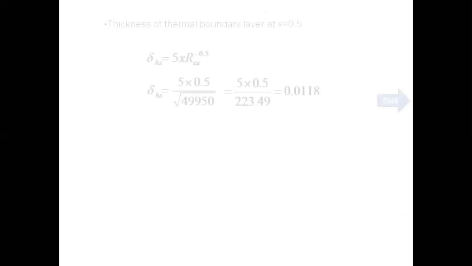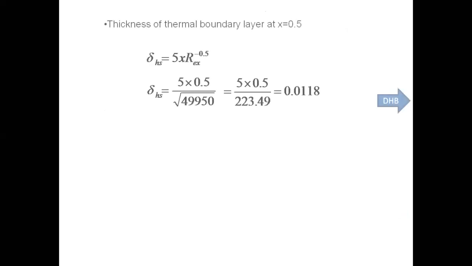What do I have to determine here? I have to determine the thickness of the boundary layer at x is equal to 0.5. For the thickness of the boundary layer, we have the equation delta hx, it should be. I think by mistake hs is written. Please change this to hx.